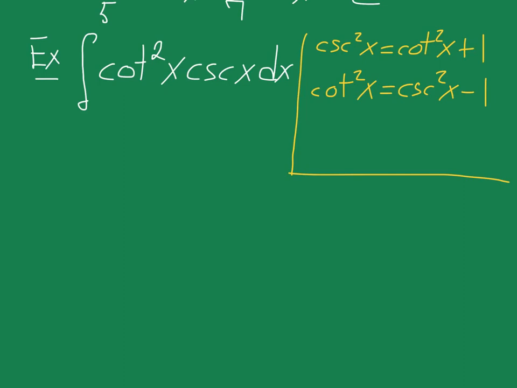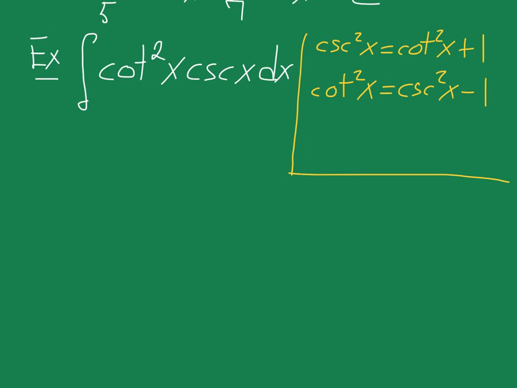So our next example is the integral of cotan squared x times cosecant x dx. And, well, as before, we approach it just as we would approach the product of a power of cotan with a power of cosecant x, possibly, in fact very likely, using these identities here.